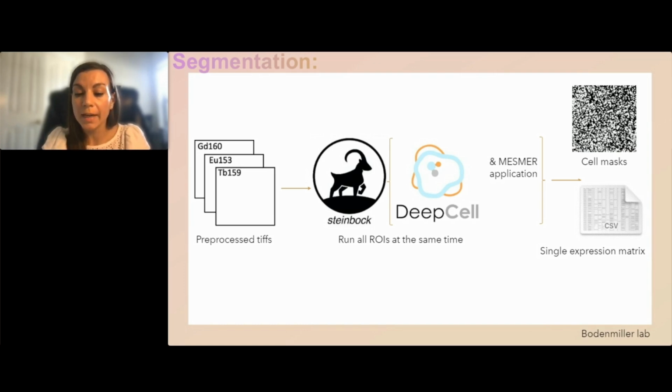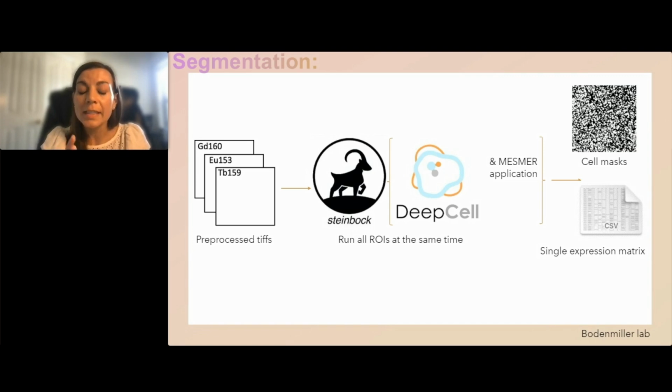We discovered that the Bodenmiller Lab put together a Steinbock toolkit, based on a Docker container, that allows segmentation by using 3 different platforms: Elastic plus CellProfiler, DeepCell Mesmer, and CellPose. We chose to use DeepCell because it is an automated deep learning algorithm that allows an automated identification of cell features.